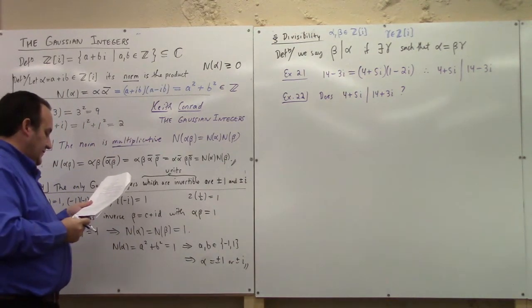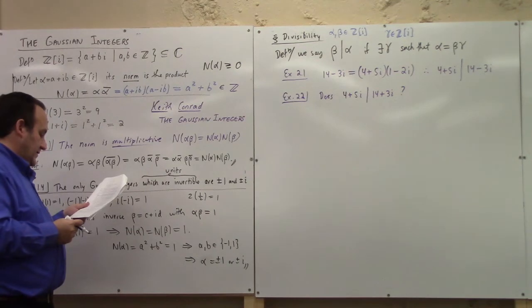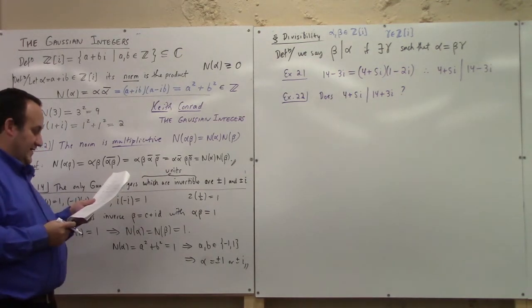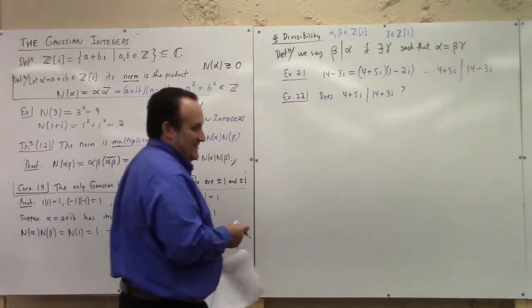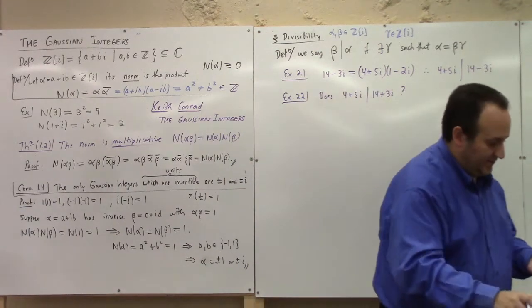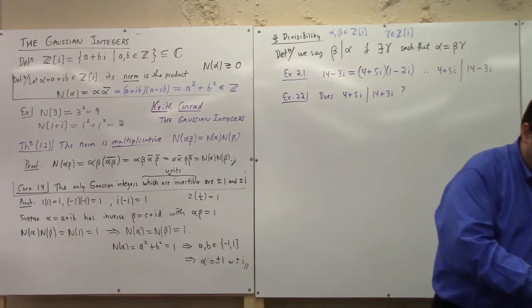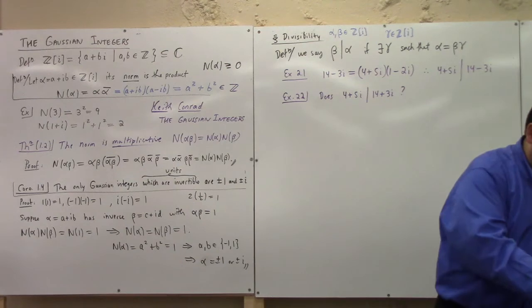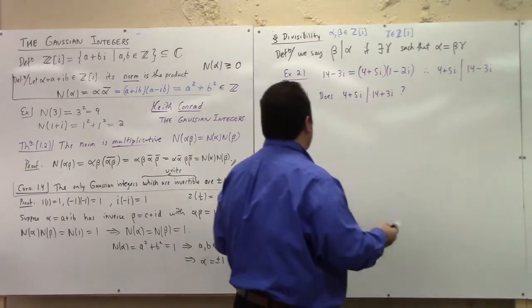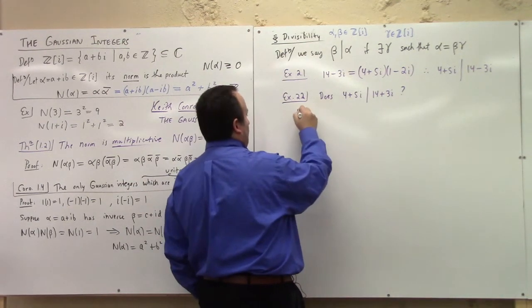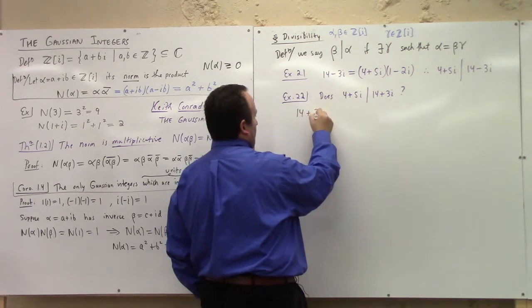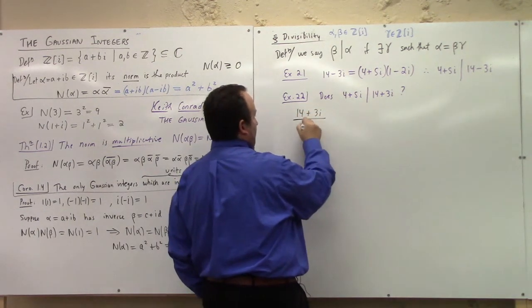What we're going to do is actually divide. Do you guys know how to divide complex numbers? I'm about to refresh your memory. We're going to take 14 plus 3i and divide by 4 plus 5i.